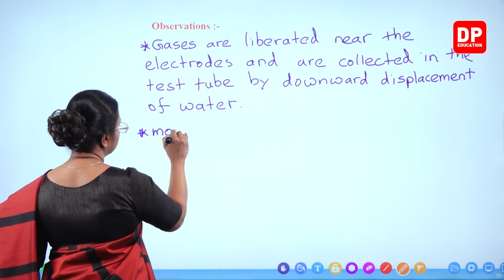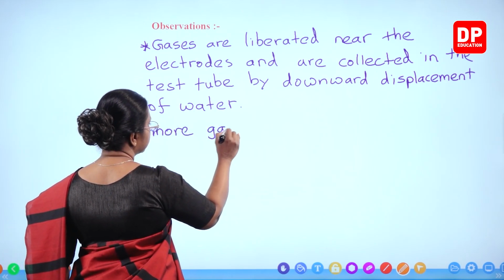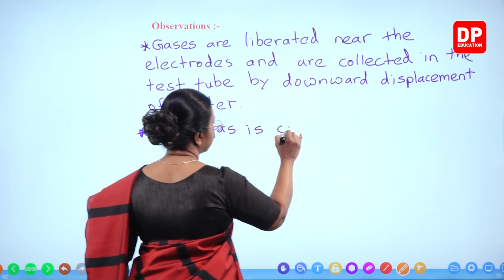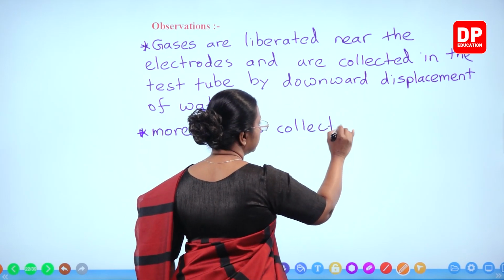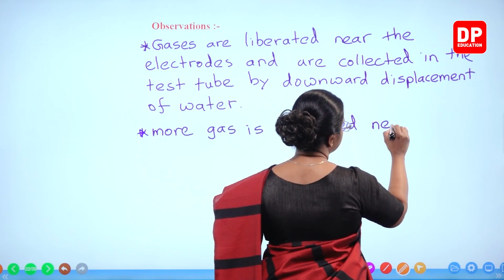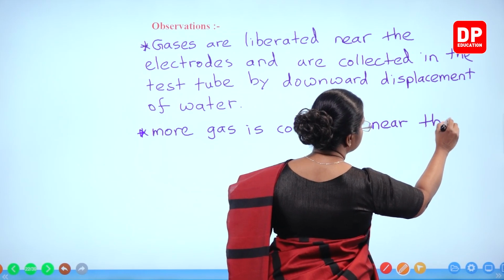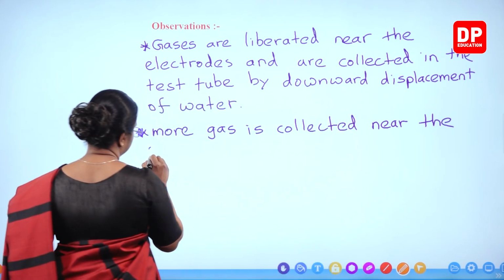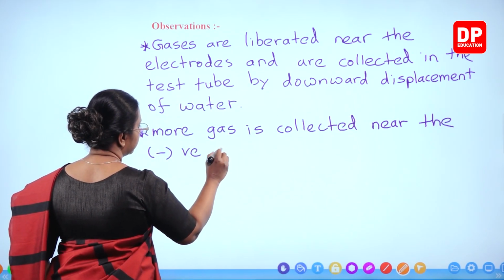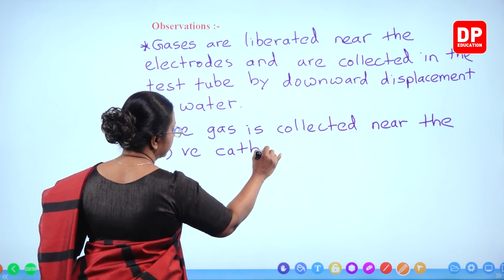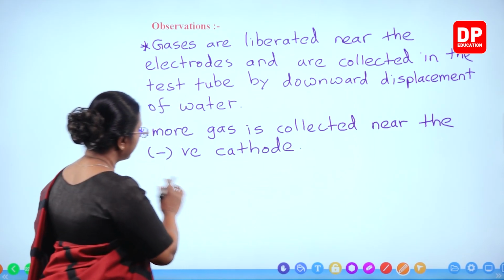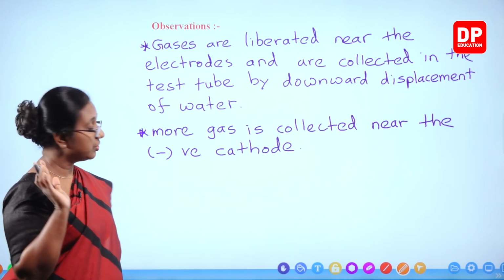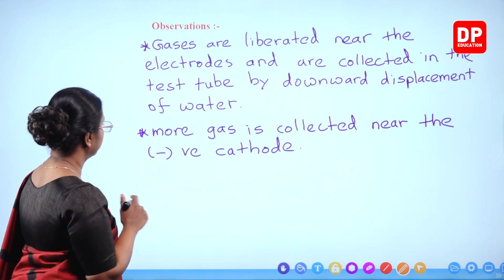More gas is collected near the negative cathode. You can say negative electrode or cathode. I have included both so that you remember negative cathode.